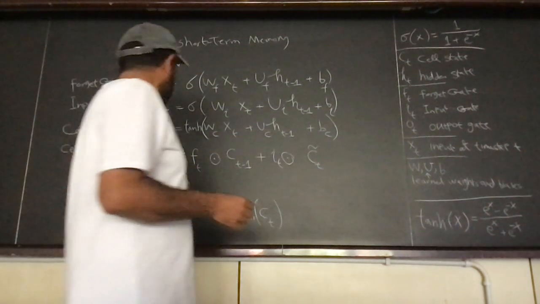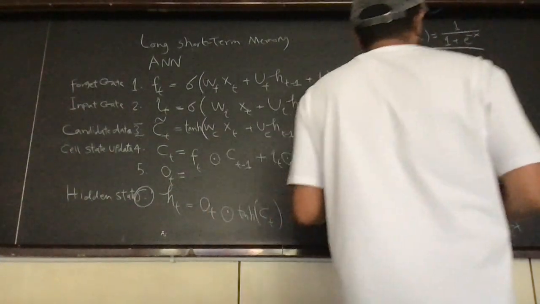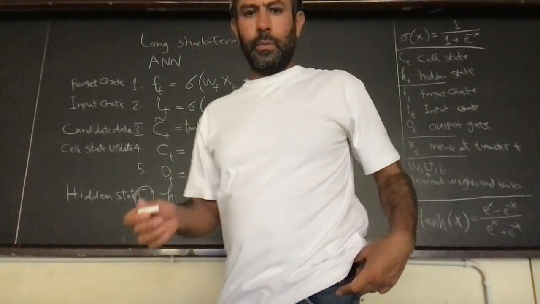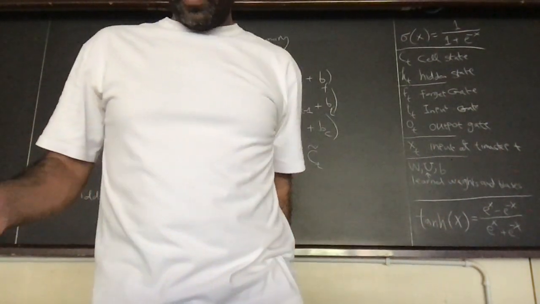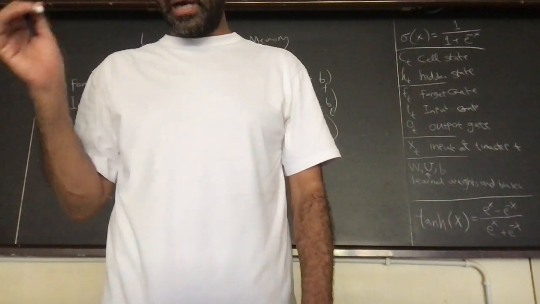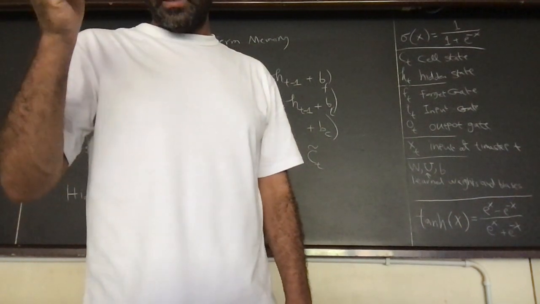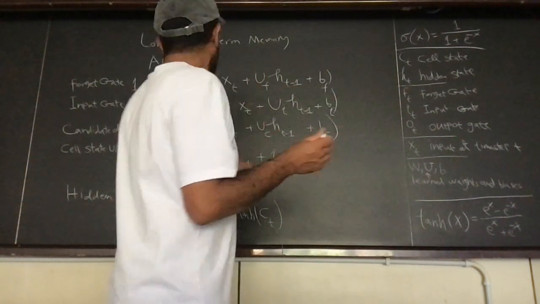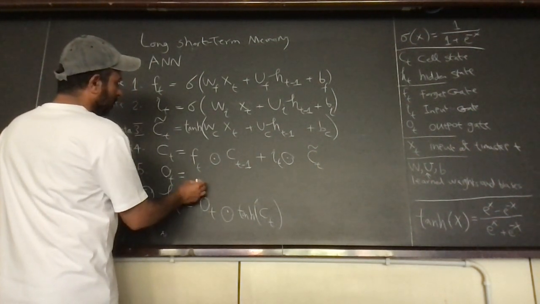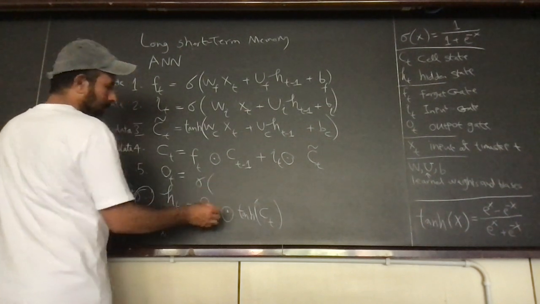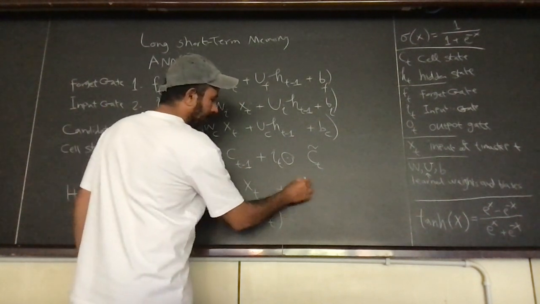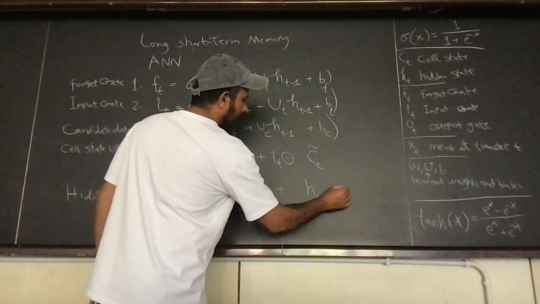Now the final step should be the output, and the output has the same structure as we have used for the other three equations. So for the output we also use the sigmoid, and it takes the input at the current time step, the hidden state h_t minus 1, and the bias.